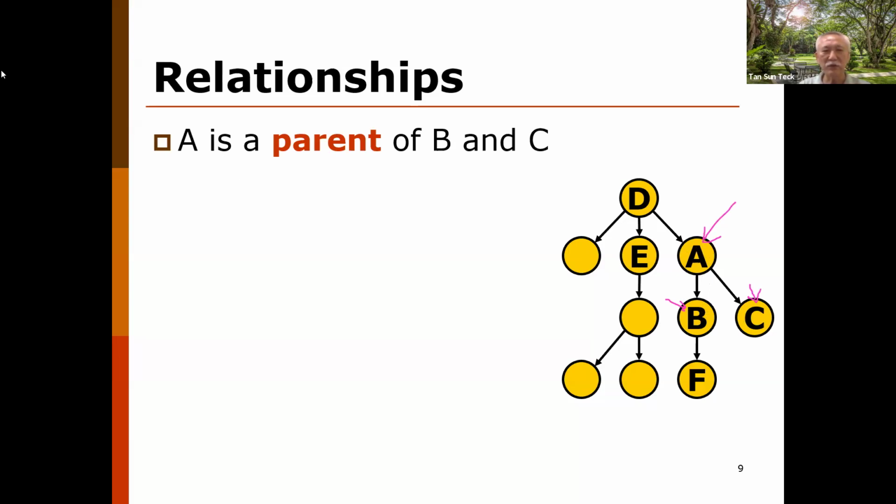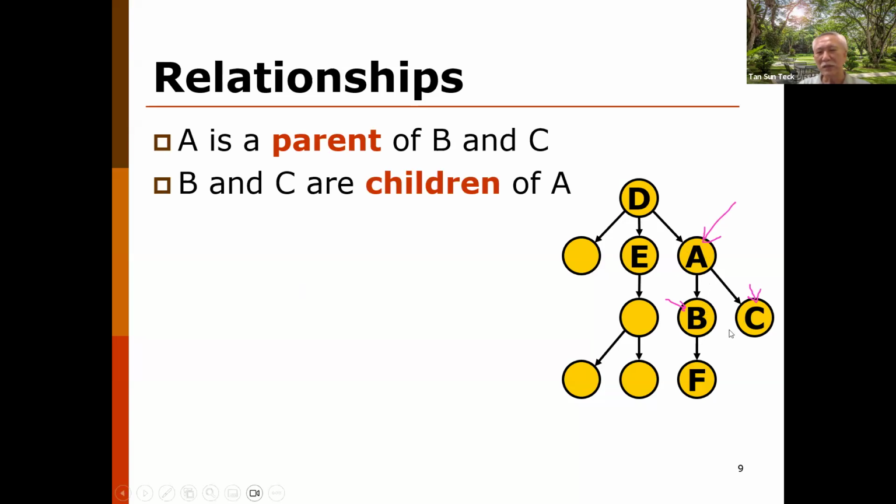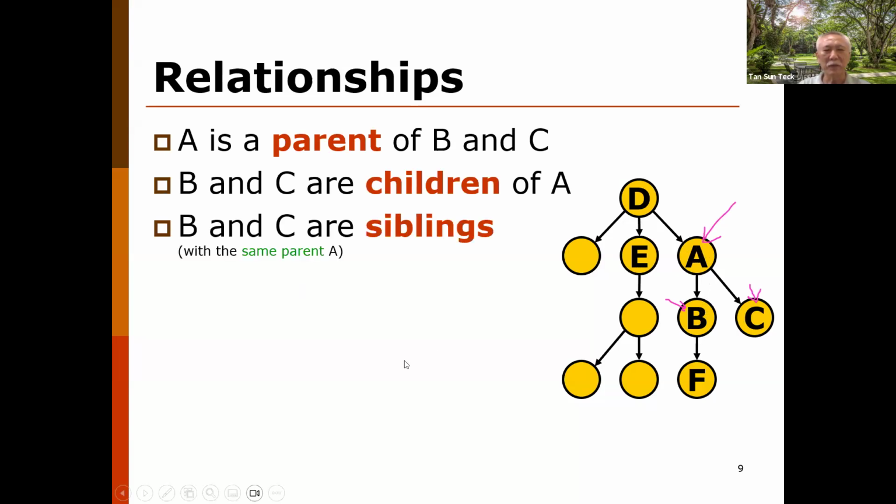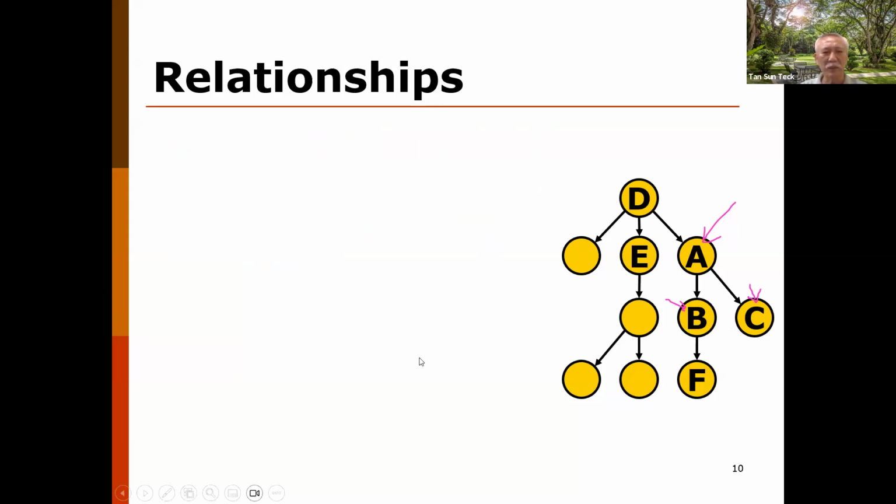And then we say that B and C are siblings because they have the same parent. So all these definitions will be used later on when we are, for example, discussing heap or priority queue, right? So we will talk about the two children, and then the left child and the right child. We will look at them later on.